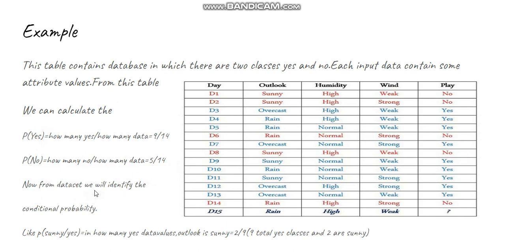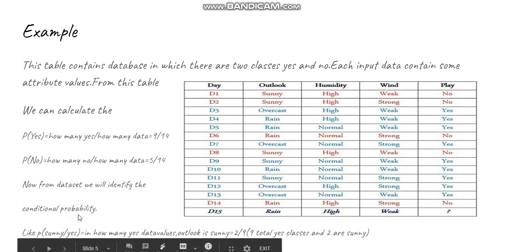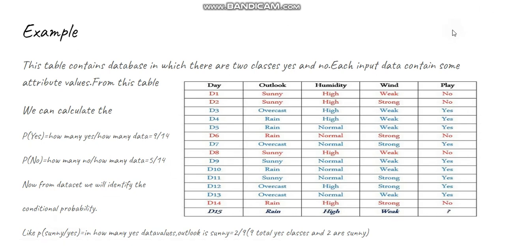Now from the data set, we will identify the conditional probability. Why do we want to identify the conditional probability? We want to see how many values are yes when the value is sunny. This is conditional probability, and we can identify this value.